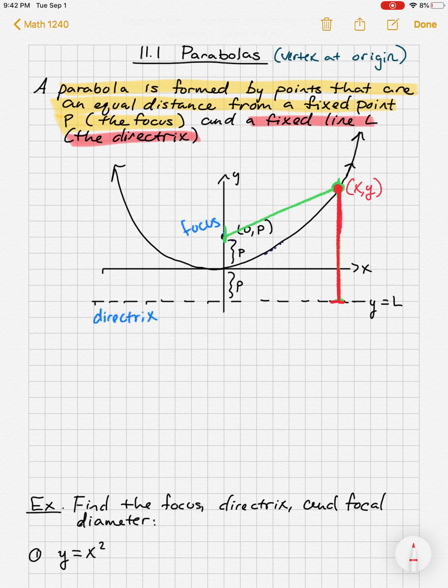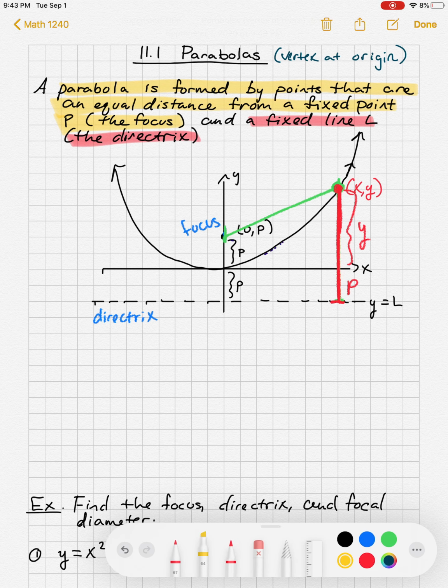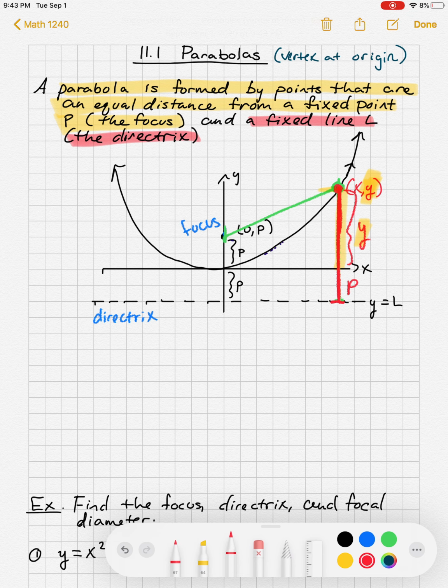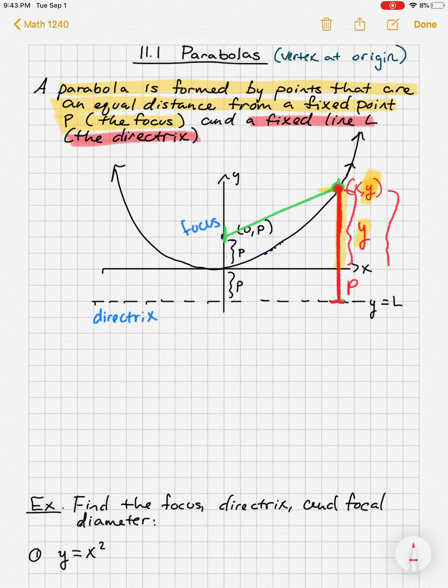How could I write that? This portion is p. What is this portion? I guess that portion is just y, because that's how I get to that point on the graph. I go up a distance of y, so that height would be y. So the whole red length here would be y plus p.